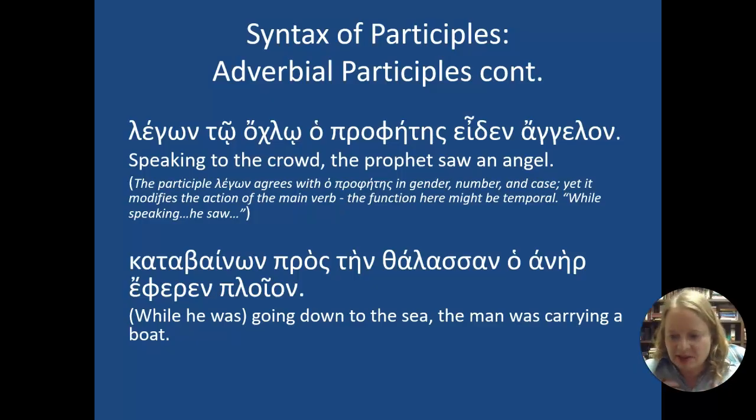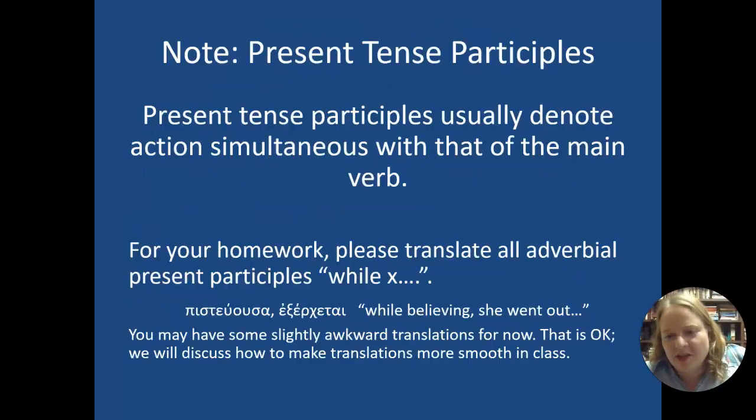You've got to play with this a little bit, and so it's hard to do just with one sentence by itself. The context, entire paragraphs, we're going to actually translate a whole book here together, is going to really come into play. And so all of a sudden participles, you can get the basic gist of them, but you have to understand them in context, and we'll just have to work at it because there are no easy answers, and there's still a lot of them that are debated to this day.